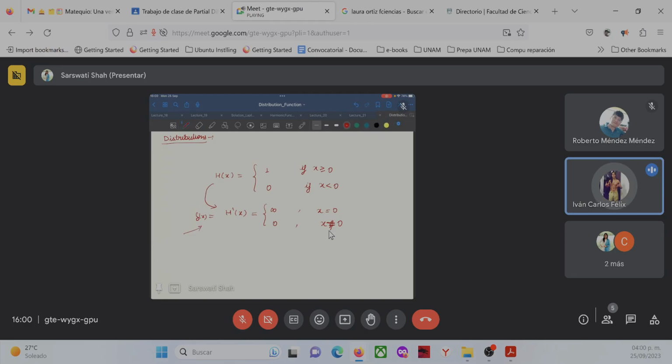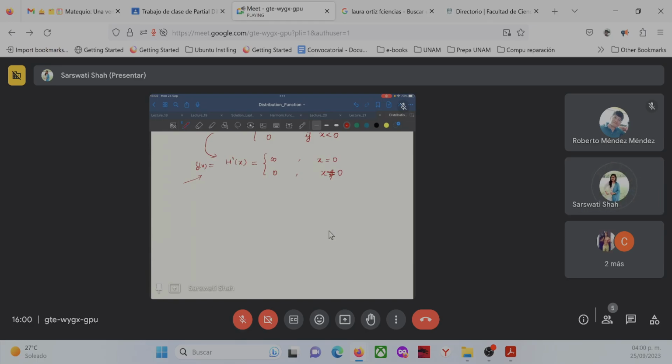Also, I was having problems with the primitive, well, the anti-derivative of the delta function. That's a distribution, right?